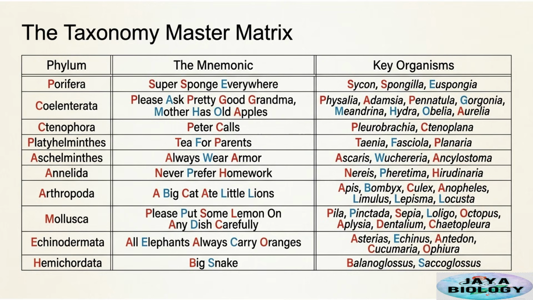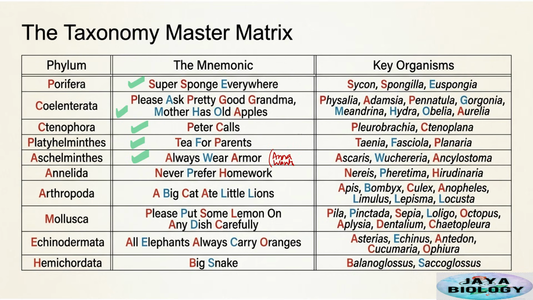You can take the screenshot of it also. Porifera, super sponge everywhere. Coelenterata, please ask pretty good grandma, mother has old apples. First letter only, everywhere first letter. Ctenophora, Peter calls. Platyhelminthes, T for parents. Aschelminthes, always wear armor, or the second I have given in my slide, Anna wants apple.